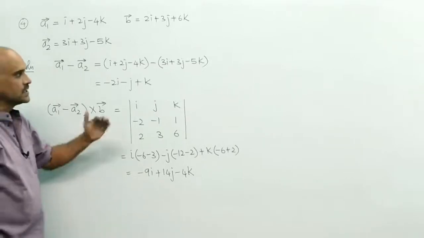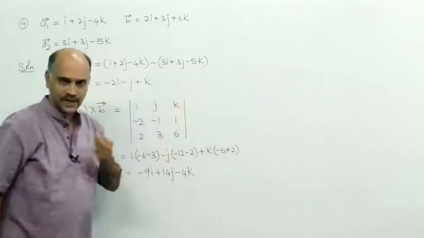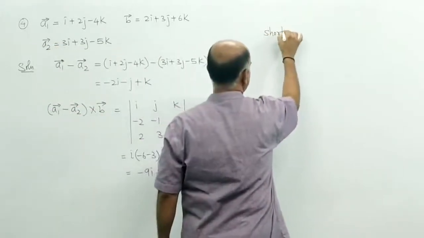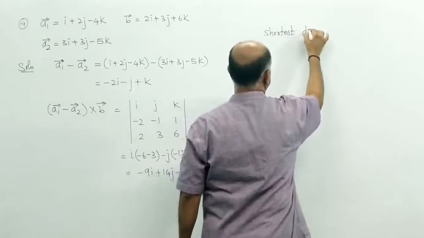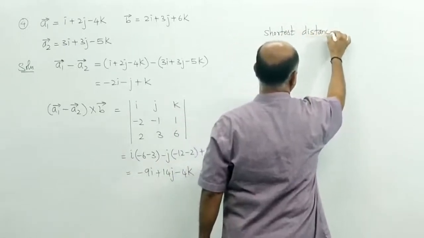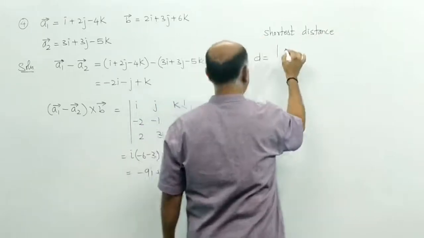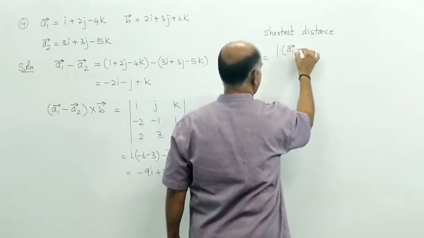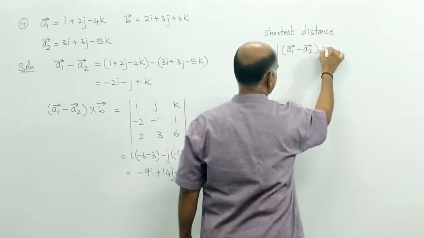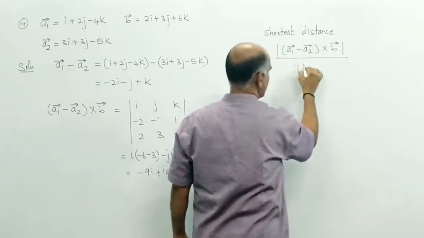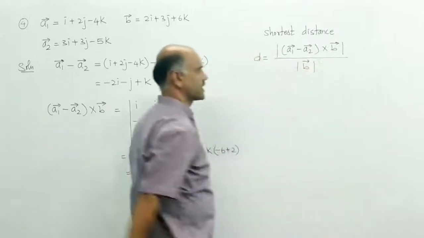Clear students? Now directly in the formula you can substitute. So the third step, shortest distance for parallel lines. Shortest distance D is equal to mod of A1 minus A2 cross B divided by magnitude of B. Correct students?